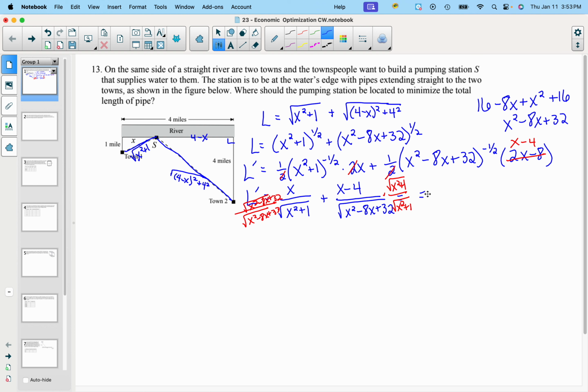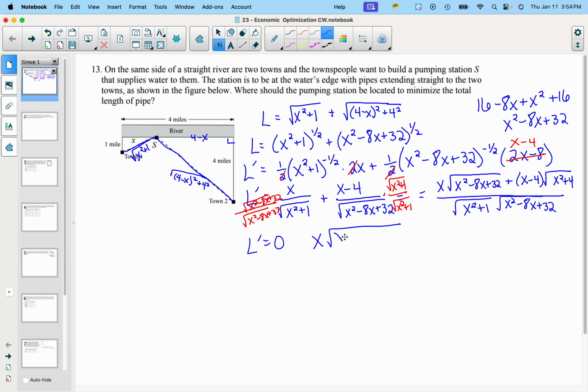So now I have x times the square root of x squared minus 8x plus 32 plus x minus 4 times the square root of x squared plus 1 over my common denominator. So then I'm setting that equal to 0. That means I'm going to take this numerator and set it equal to 0.